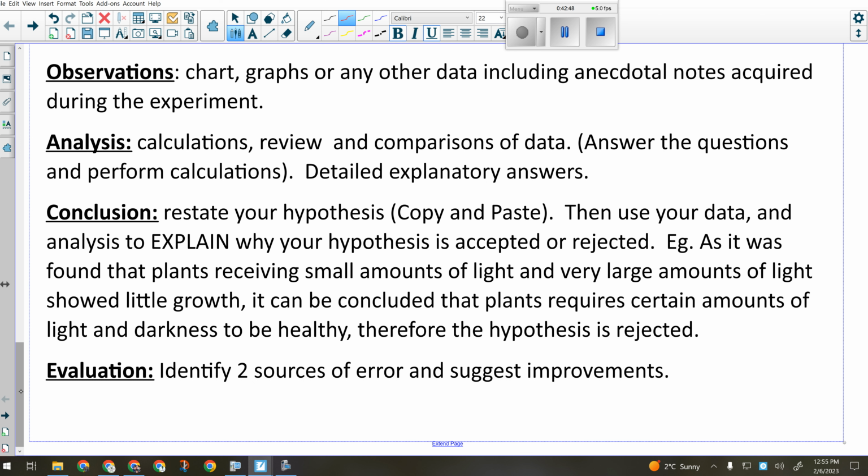and suggest improvements. Okay, so within that experiment, I had boxes and I closed off some of the boxes to light. What else did I close them off to? Oxygen. Yeah, I might have trapped gases in those boxes.